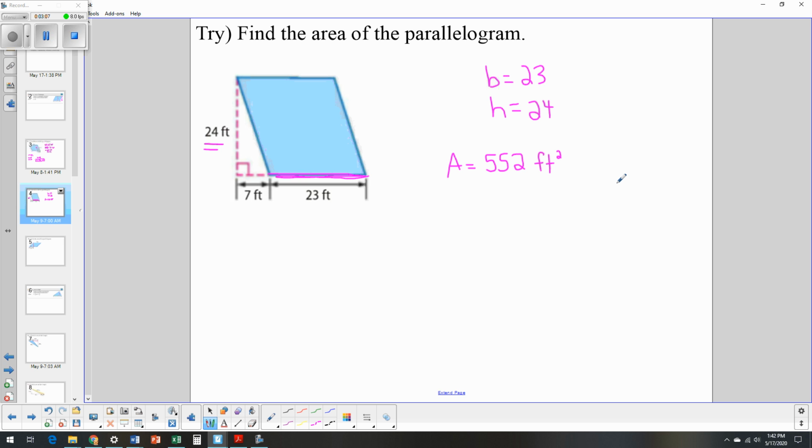All right, so the answer for this problem is 552 square feet.